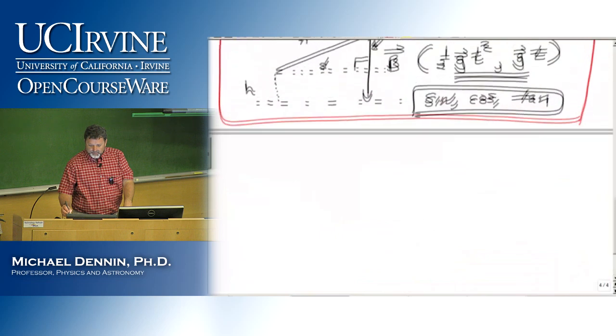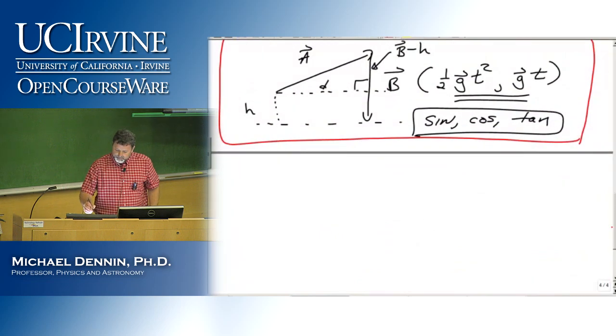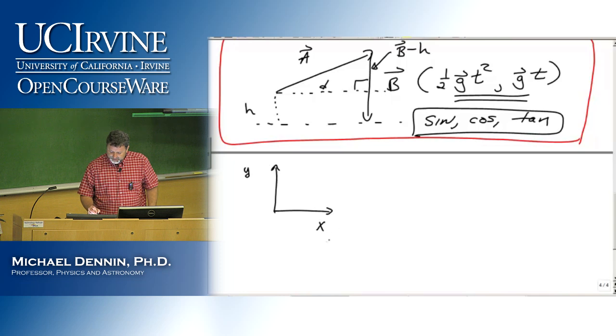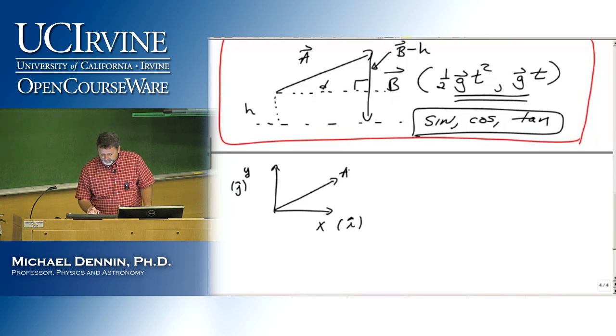Now, the more common thing that most people have learned about are components. So you make an x and a y axis, often called I hat and j hat, and we'll see how that's used in a minute. And you have some vector A. And we break it into the components AY and AX.